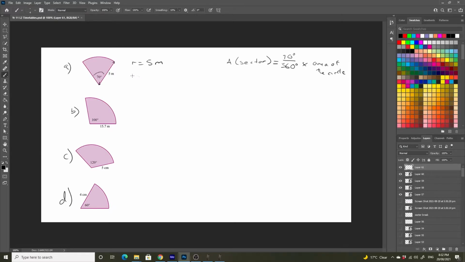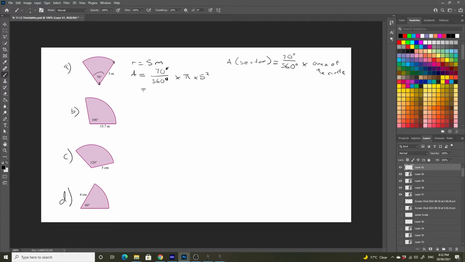So the area of the sector is going to be equal to 70 degrees divided by 360 degrees times, we don't need the degrees when you put it in the calculator, it can just be 70 over 360, so let's just get rid of those.